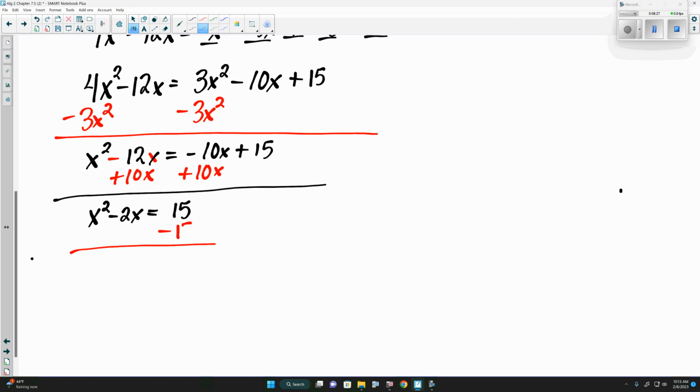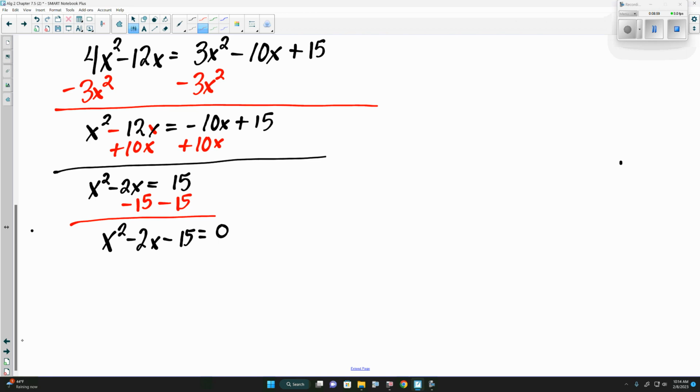And last but not least, we can subtract 15 from both sides, giving us x squared minus 2x minus 15 is equal to 0. Any questions on this here?